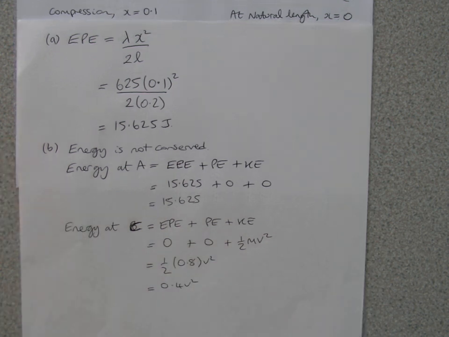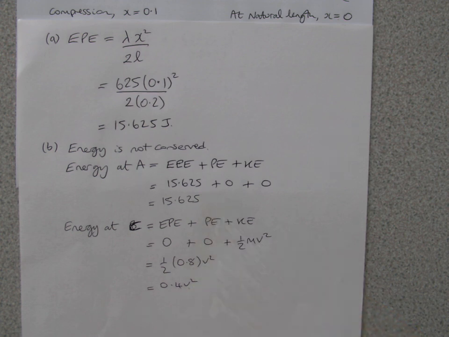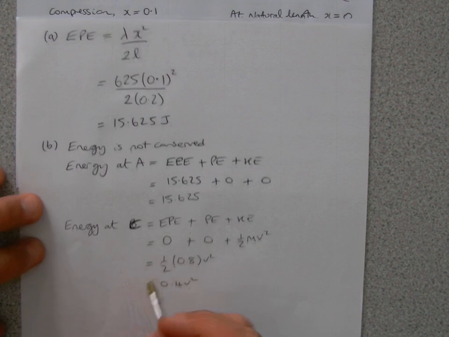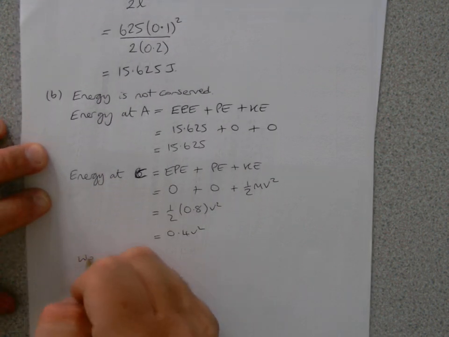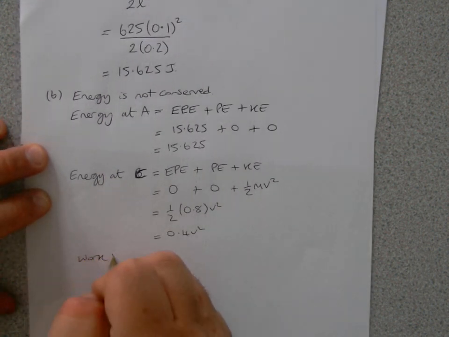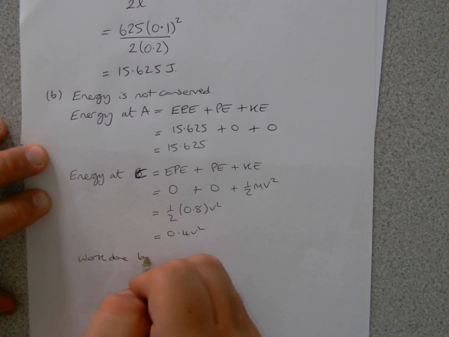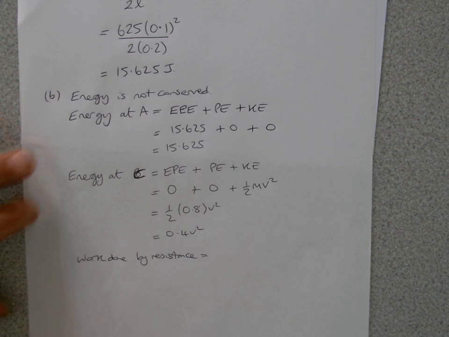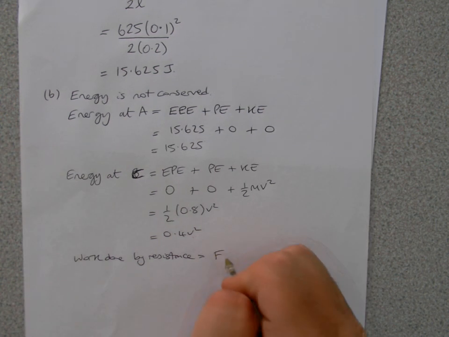Now, because energy is not conserved, we cannot say that these are equal. There is work that's been done here, so we need to consider that. Let's consider the work done by the resistance, which would be the energy that's been lost. Remember the work done formula is force times distance.